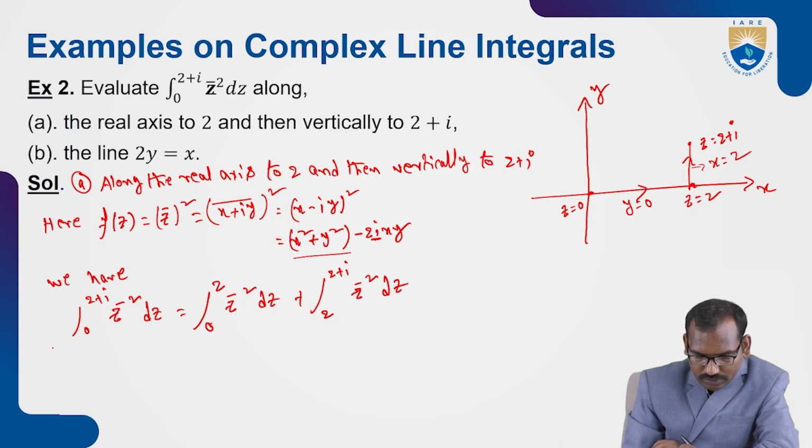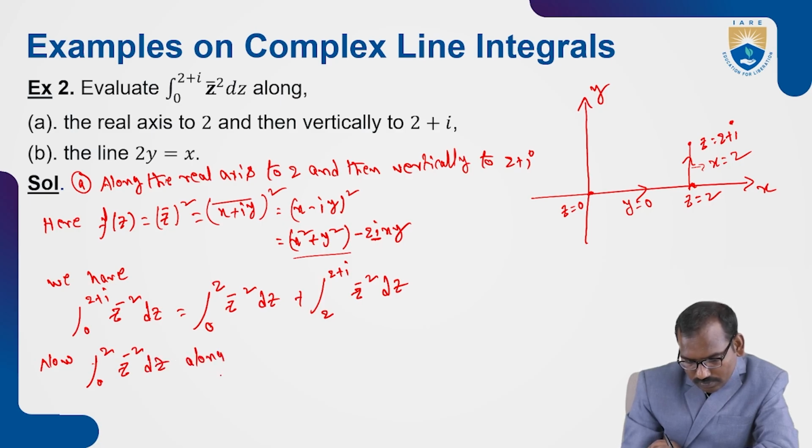Here, integration from 0 to 2 of z bar square dz, along which path? From 0 to 2 we have to take y equal to 0.